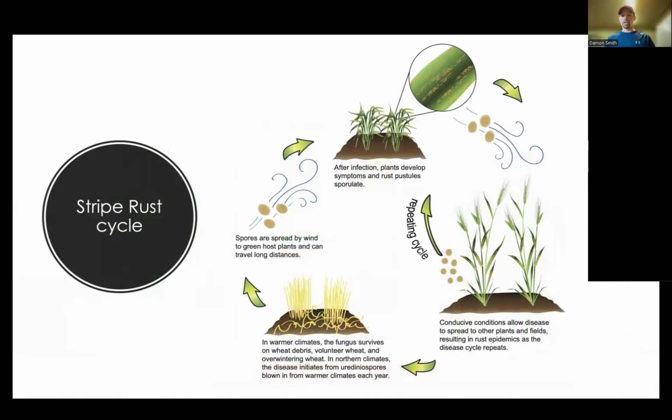Just to show you the stripe rust cycle, this rust can overwinter in some years. I had a student, Brian Mueller, a few years back. He looked at the ability of this particular rust to overwinter in Wisconsin. In years where we have good snowfall or snow depth over the winter, and we have an early epidemic in the fall, it can overwinter.